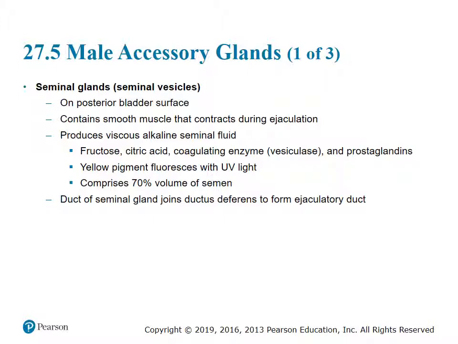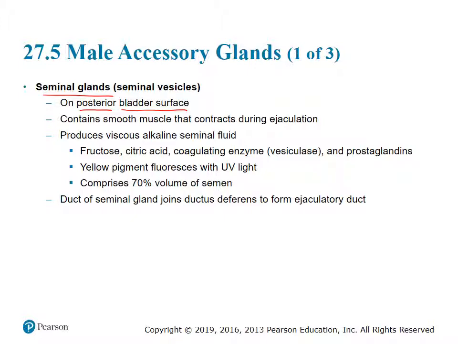Okay, let's talk about these accessory glands, right? The first one we want to talk about is the seminal glands, because this is the first one that sperm will unite with, or be added to. We look at this at the posterior bladder surface, so underneath the bottom part of the bladder is where you would find the seminal gland.